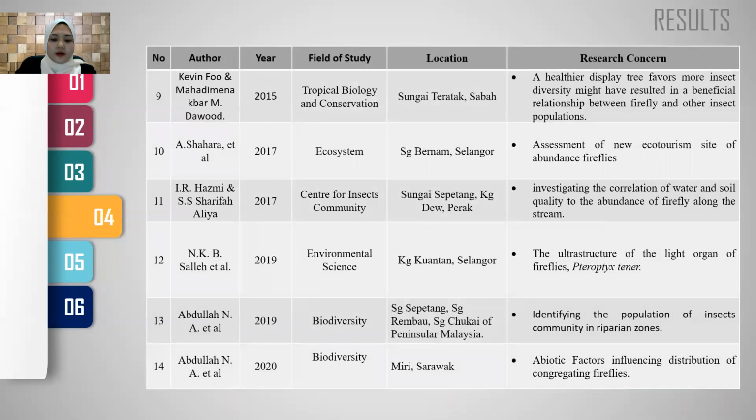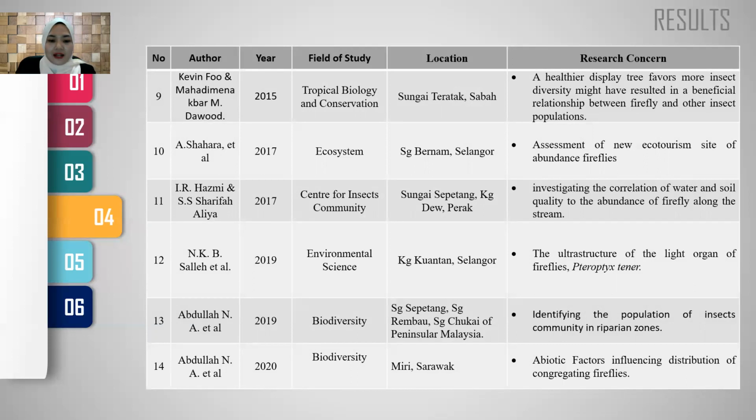This paper reveals 3 study areas altogether: Sungai Sepetang, Sungai Rembau, Sungai Cukai. It wants to identify the populations of the insect community in riparian zones, but it's not specific to fireflies. It includes flies also, but mostly they researched fireflies.